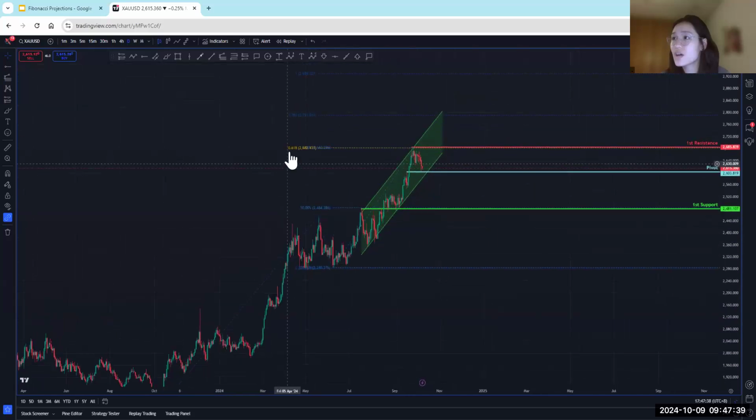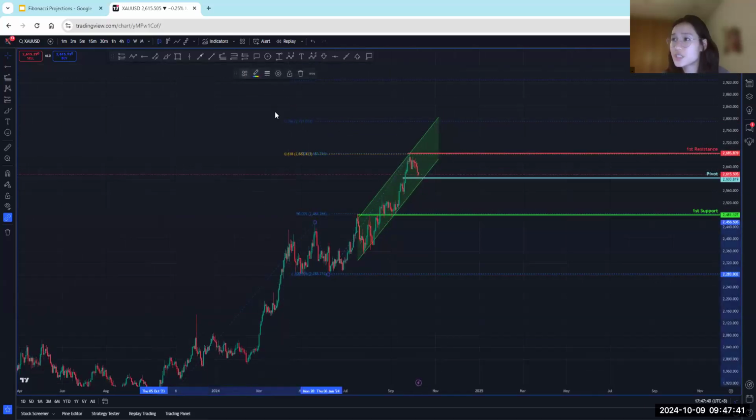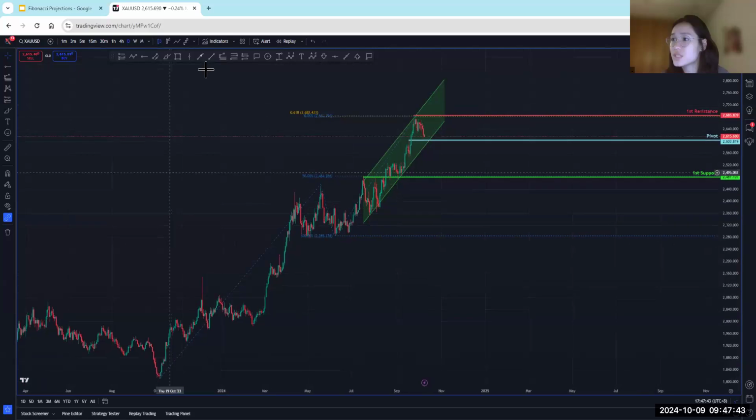Our 61 lines up. This is our projection, lines up with our first resistance. So this is the lightning bolt shape.